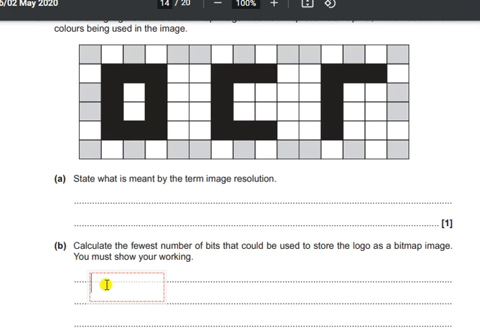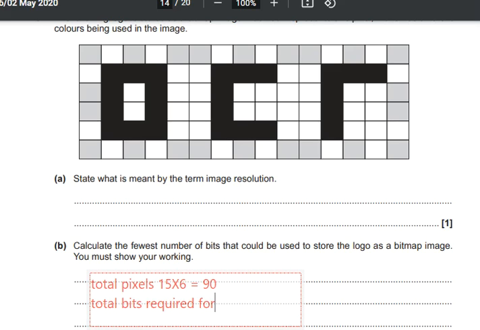As we have already seen, the total pixels in the image is 15 multiplied by 6, that is equal to 90, and then the total bits required for each pixel is 2 raised to the power of 2. That is, 2 bits are required.